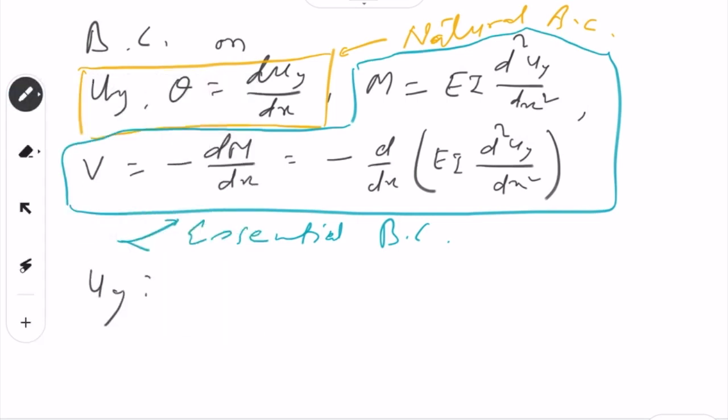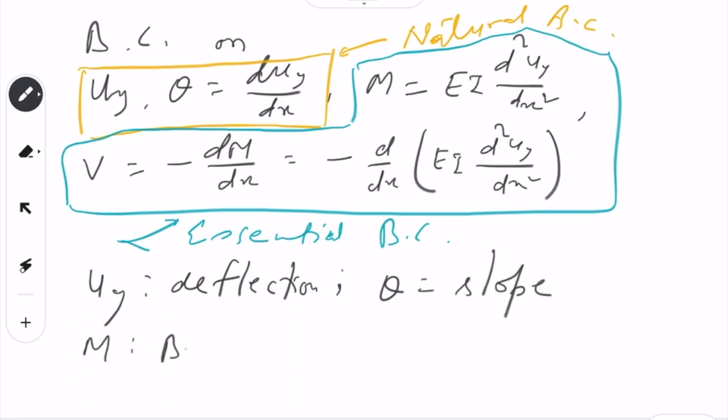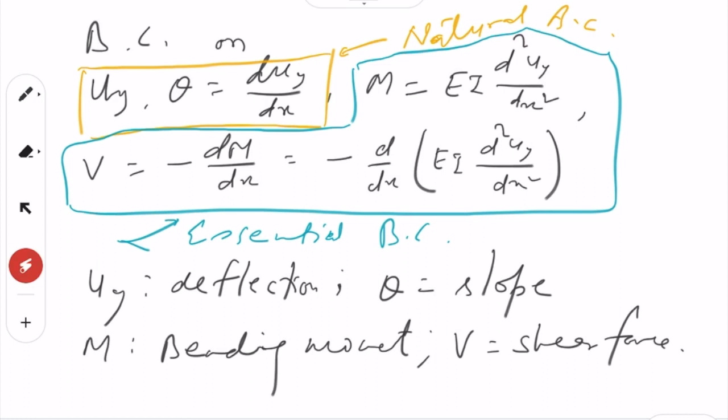This is the deflection, theta equals the slope, M is the bending moment, and V is the shear force. And these are the relations with u, basically uy, the deflection or displacement. You also call it displacement.